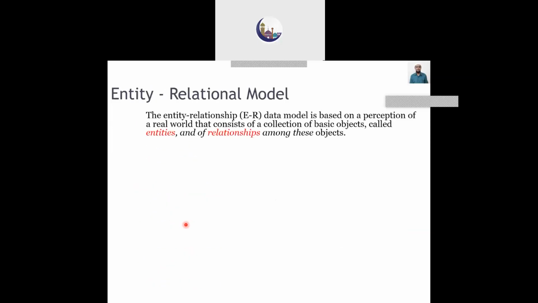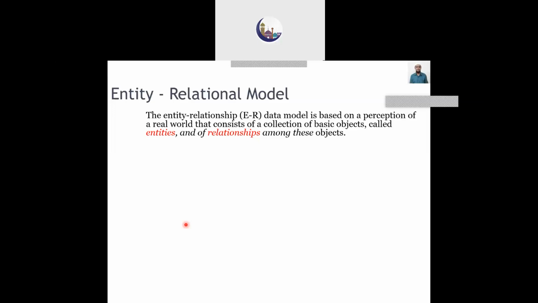So coming on to the entity relationship model, here everything is to be represented in terms of entities and relationships. Whatever data we are going to store in this model, we'll try to represent it in terms of entity and relationship. So let us first get to know what is entity and what is relationship.